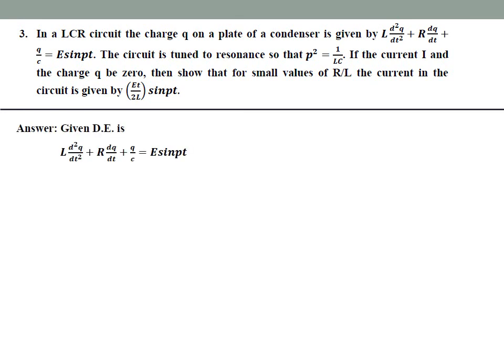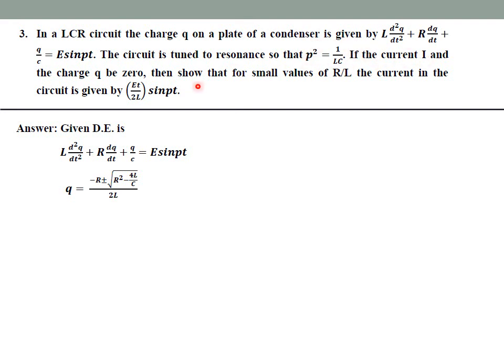So the question is, in an LCR circuit, the charge q on the plate of a condenser is given by, they have given me the equation directly. Read the question carefully. The circuit is tuned to resonance so that p square is equal to 1 by LC. This is my one condition.